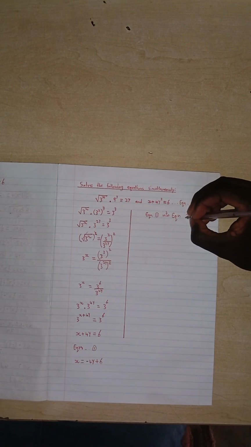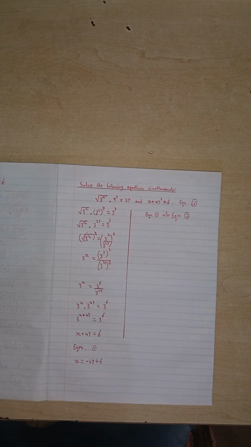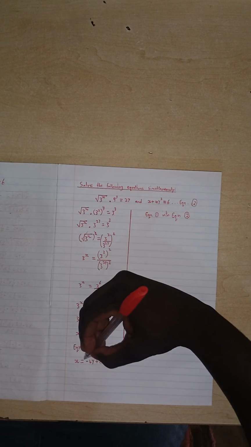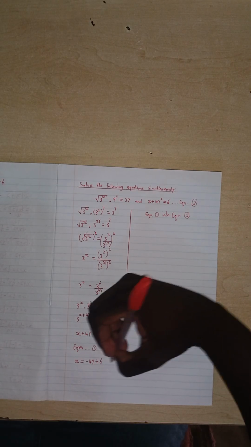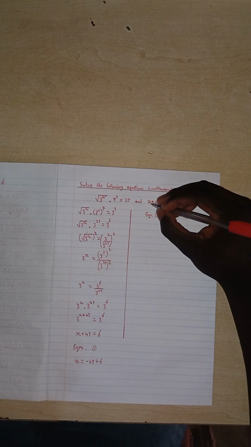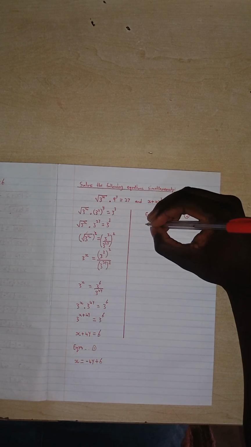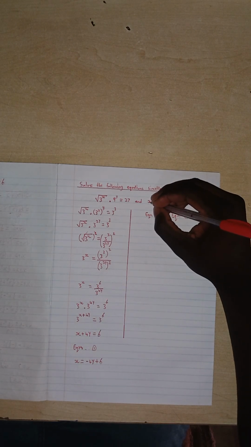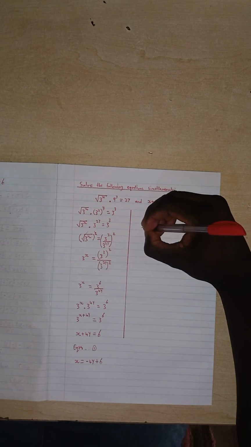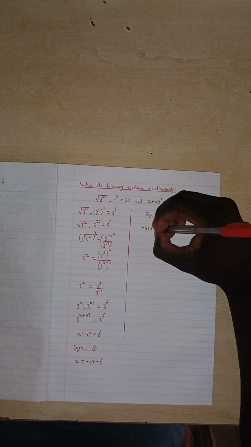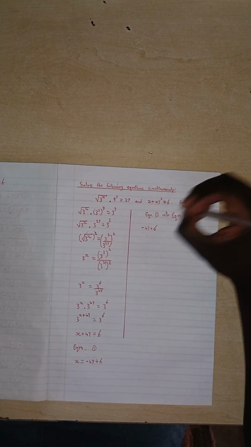So let's see, wherever there is x, we say x is equals to negative 4y plus 6. Wherever there is x here, we put this. Actually, we are solving simultaneously. So wherever there is x, we put the minus 4y plus 6, right?